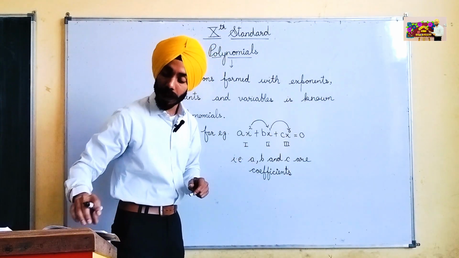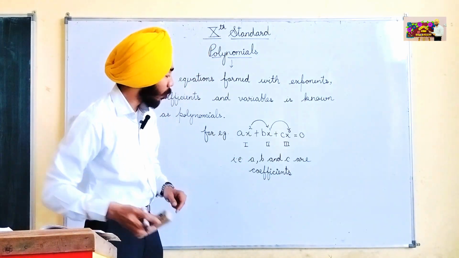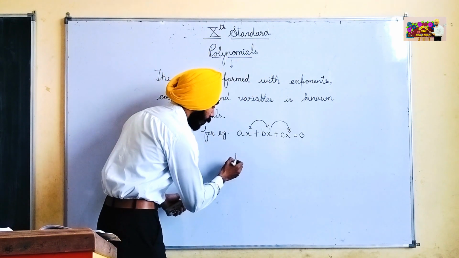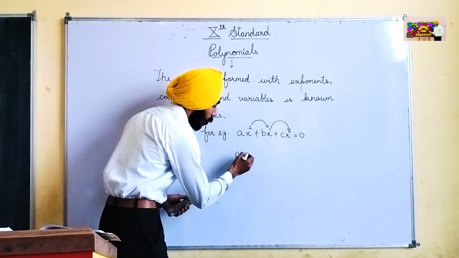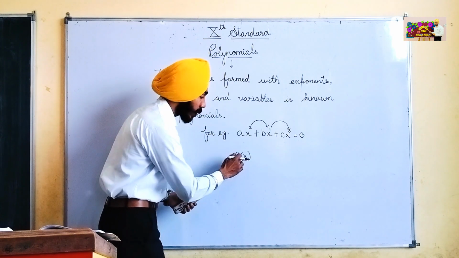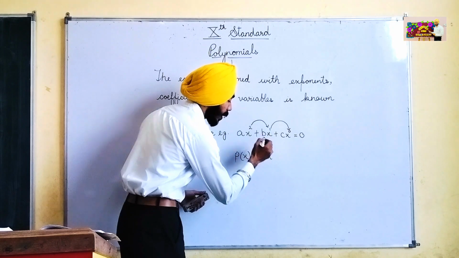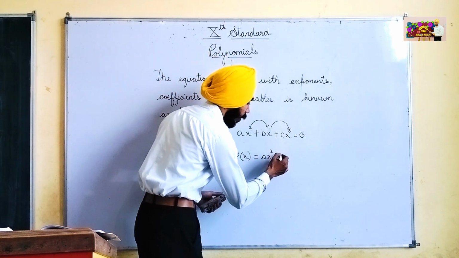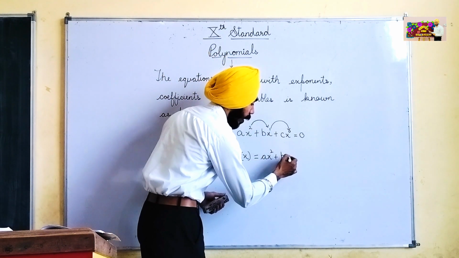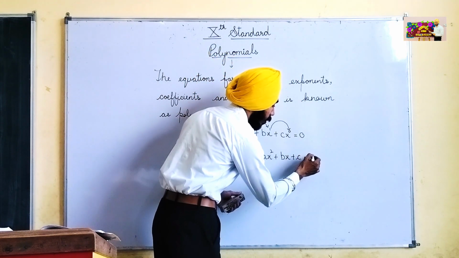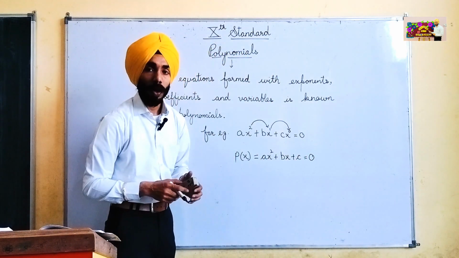We can rewrite this equation as polynomial in variable x, which is equal to a x power square b x power 1 plus c, which is equal to 0.